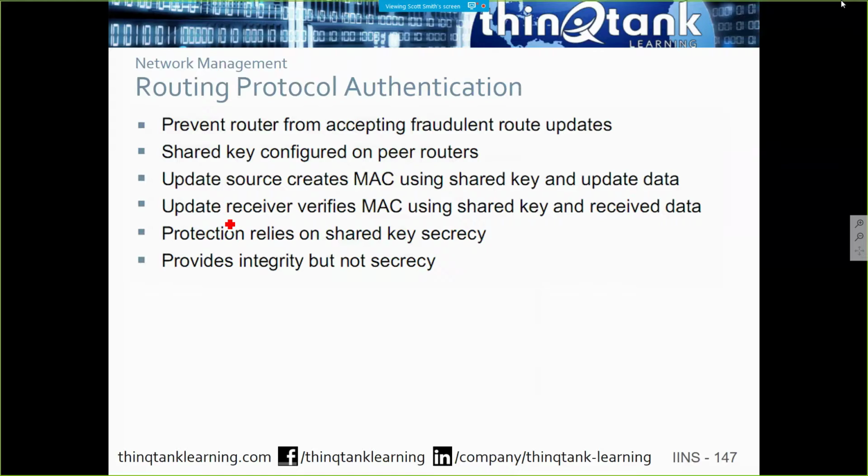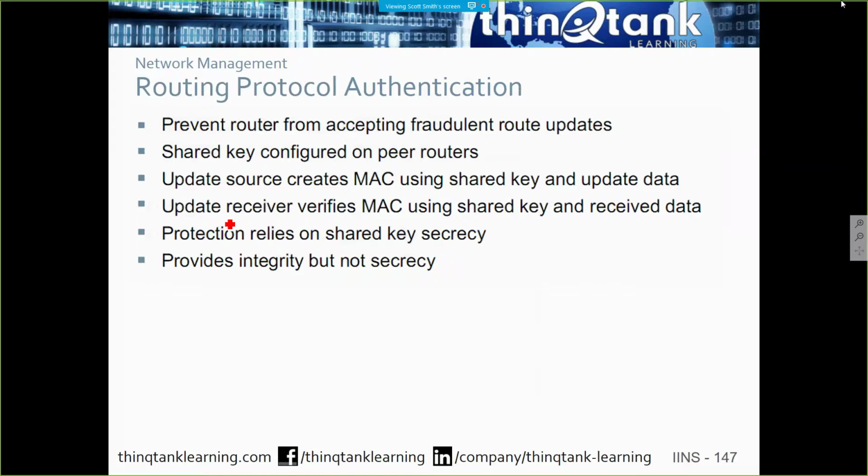Okay? So what we do is we configure a shared secret key on the peer routers. Now, this applies to IPv4. This does not apply to IPv6, because in IPv6, we have IPsec built into the protocol. So we can actually use true IPsec functions, cryptographic functions, anti-replay functions, message integrity functions built into IPsec.